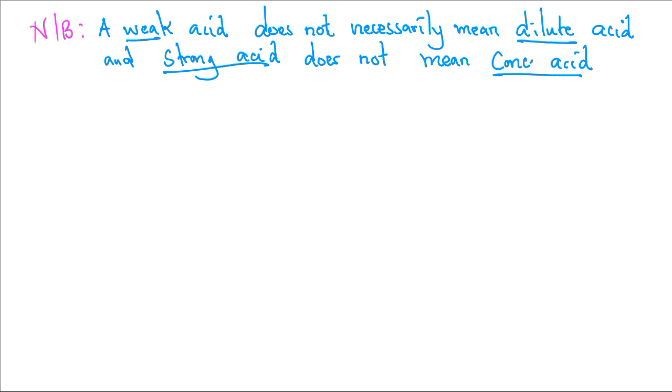Again, hydrochloric acid, that is well known to be a strong acid, can be said to be a dilute acid. That is, by adding more solvent to it, you are making it dilute. So it is not now concentrated, but still remains a strong acid because of many hydrogen ions. That is all about strength of acids.